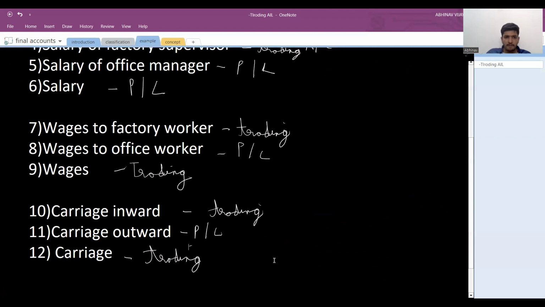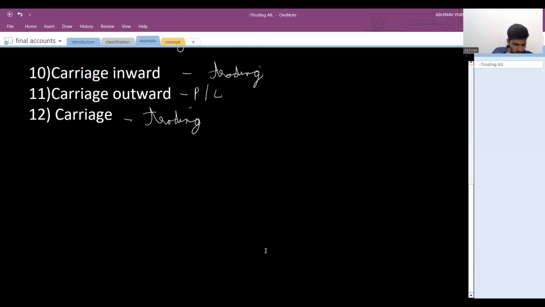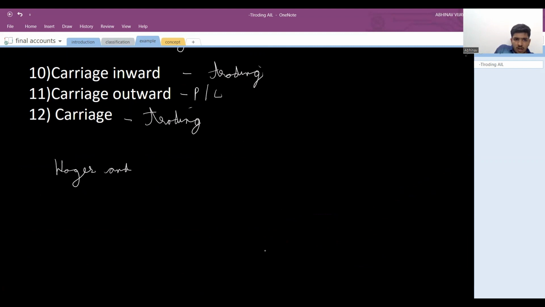Now wait, I'm going to give you more terms here. If they say wages and salary, because they may give you points like this also to confuse you, I'm going to clear all the points before the doubt even arises. Wages and salary, and then they'll give you a term called salary and wages.